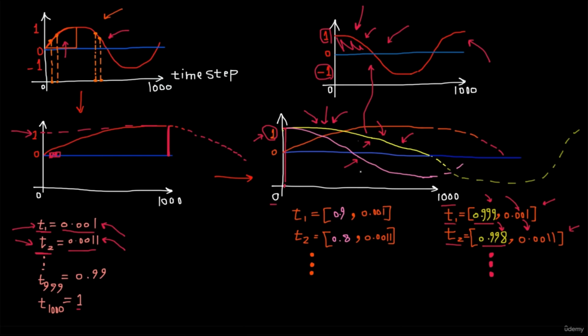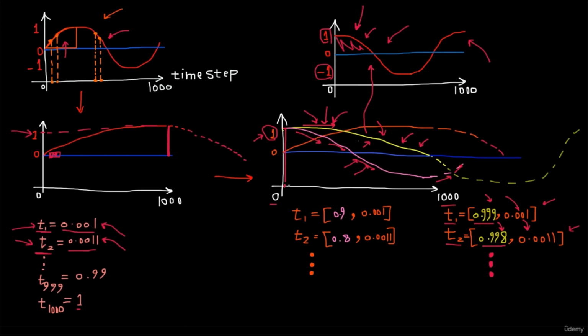As you can see here in this pink cosine wave, it will move down quickly compared to the yellow cosine wave, like this, and it will move up quickly compared to the yellow cosine wave.